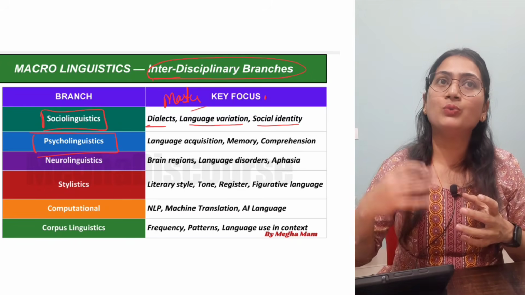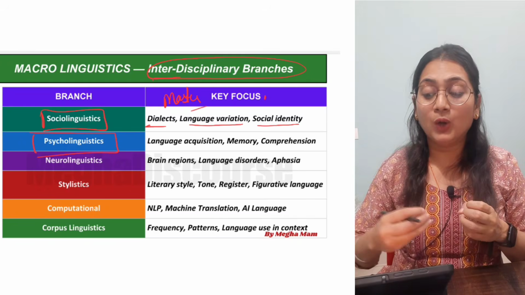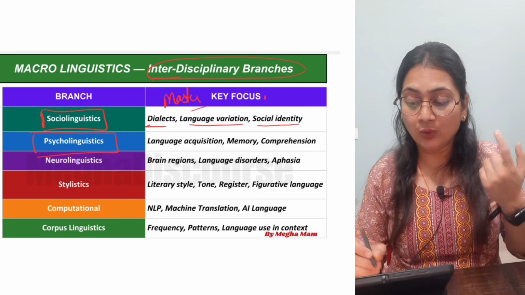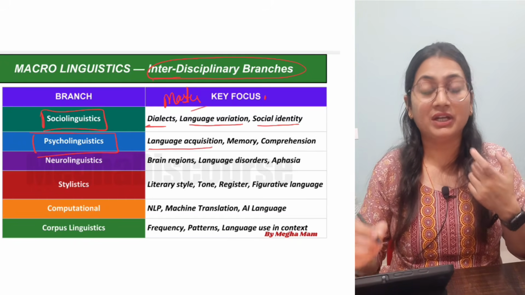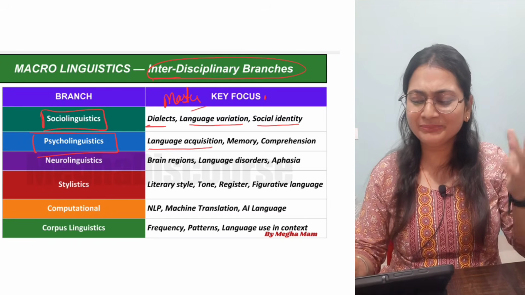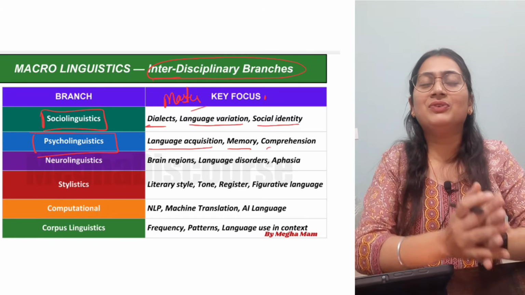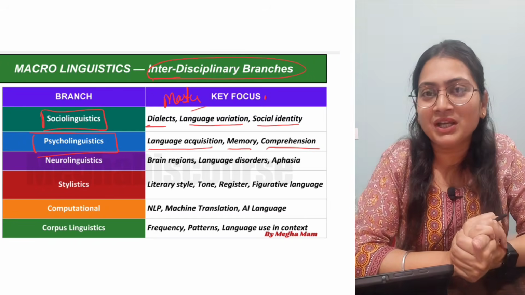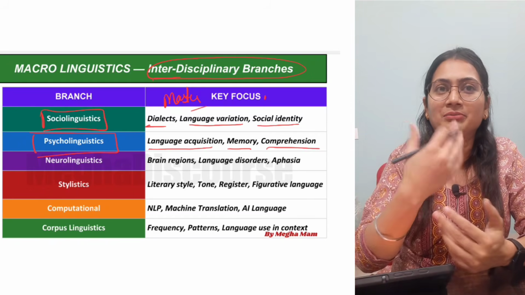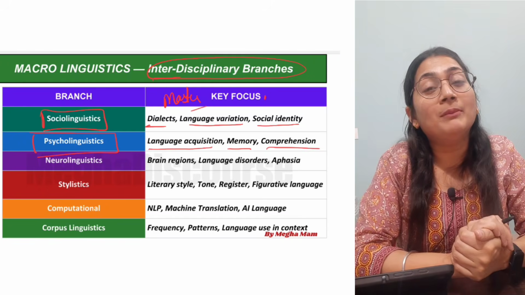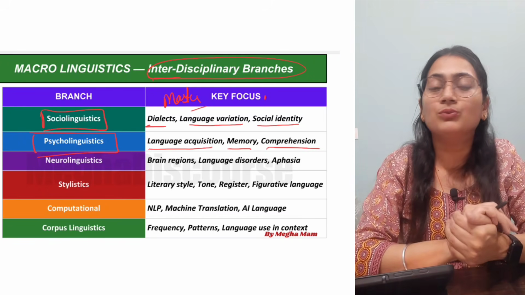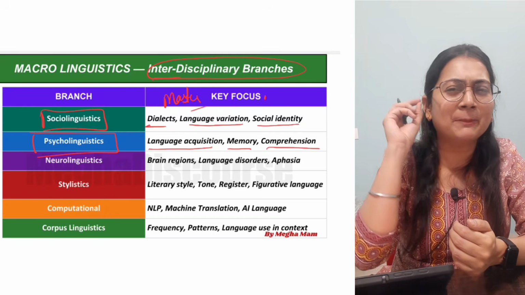Psycholinguistics means how we understand language, how we produce language, what the mental process behind language is. There is language acquisition from L1 to L2, how we learn language 2 from language 1, memory, comprehension. Like if I ask, what is the meaning of reason? Sometimes you know very well that the meaning of reason is karan in Hindi, but you are unable to recall that word at that particular moment.